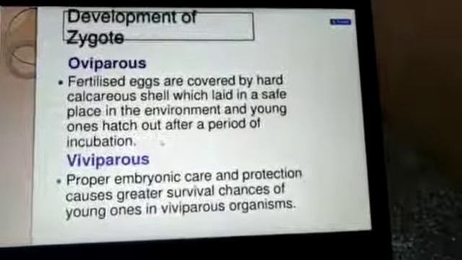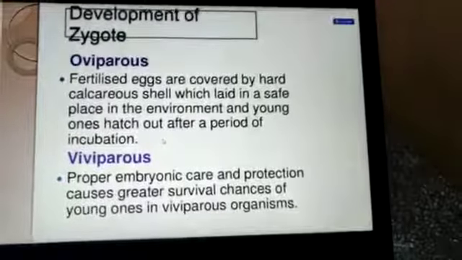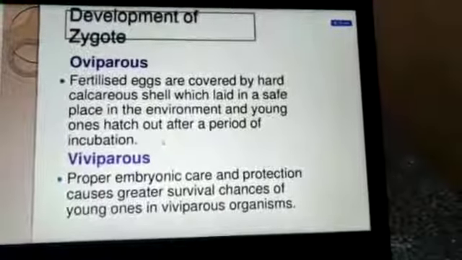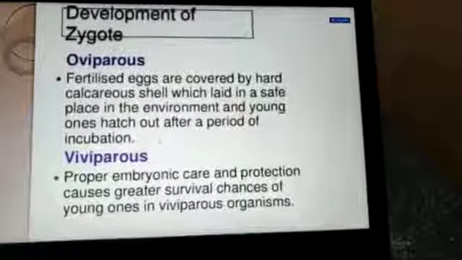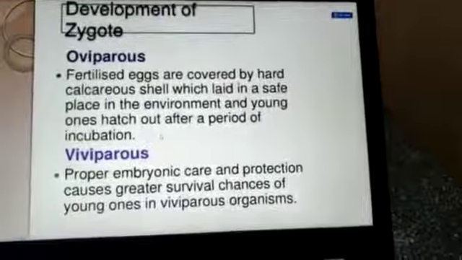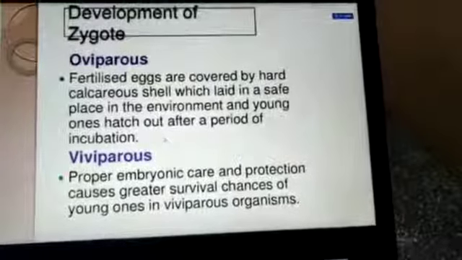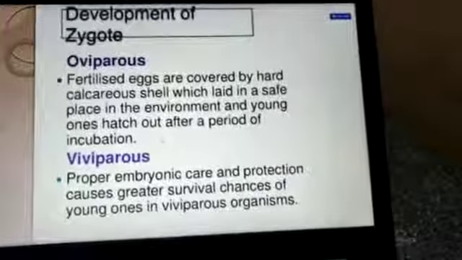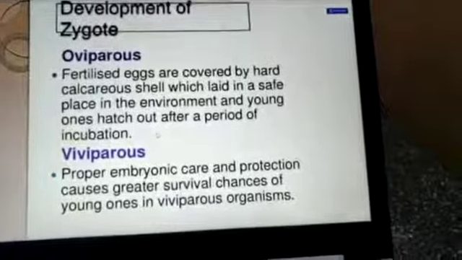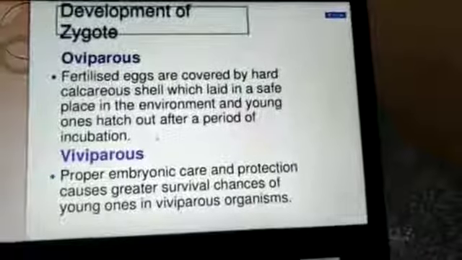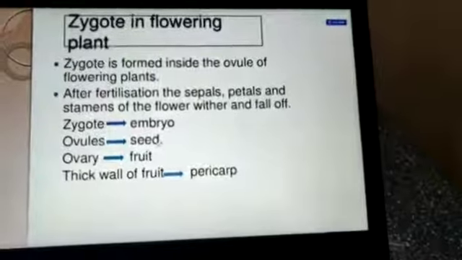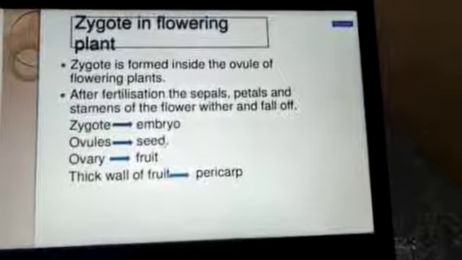Fertilized eggs are covered by a hard calcium-containing shell and laid in a safe place in the environment, and the young ones hatch out after a period of incubation. In viviparous animals, proper embryonic care and protection cause greater survival chances of the young ones. Now the zygote in a flowering plant.